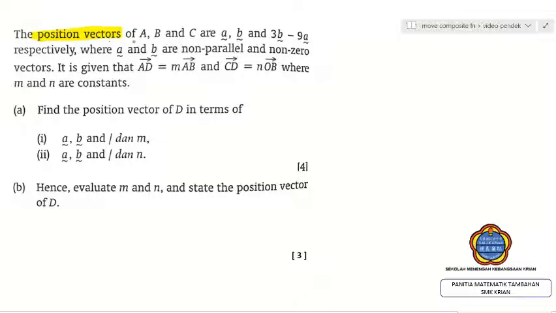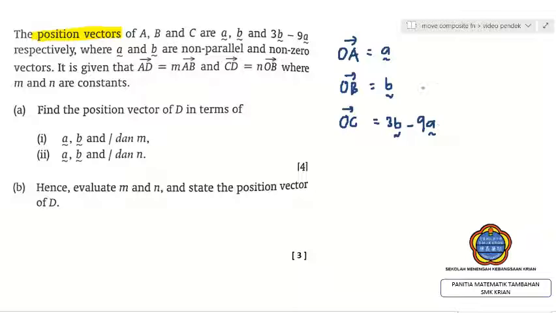So the position vector of A will be OA, O to A, where O is the origin. The position vector of B is OB. The position vector of C is OC. All are equal to the given vector a, vector b and vector 3b minus a respectively.